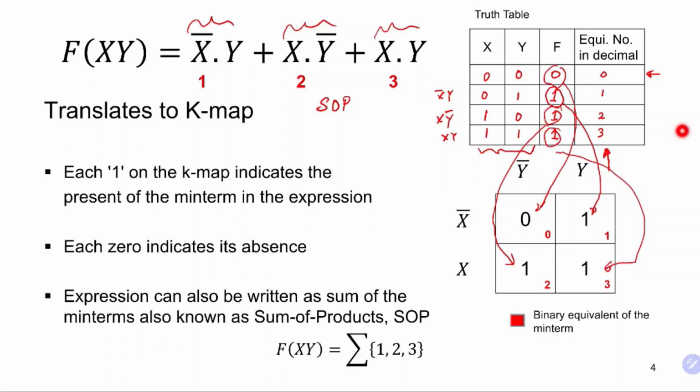So this is a very simple two-variable case, so it's only a 2 by 2 grid. To write it in terms of sum of products, my function can also be written with a sum, and what is inside here is a product term. The product term here refers to the decimal equivalence of the value of the binary variables. Here, as the one that I have a 1, I'll put a 1 in my product term, and then 2 will be this, and then 3 with this.